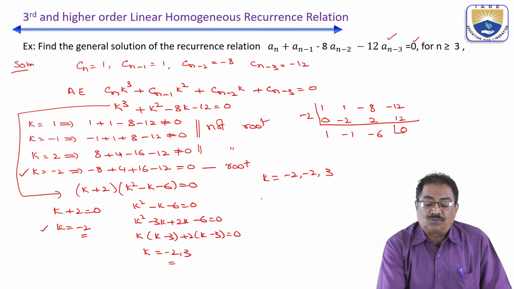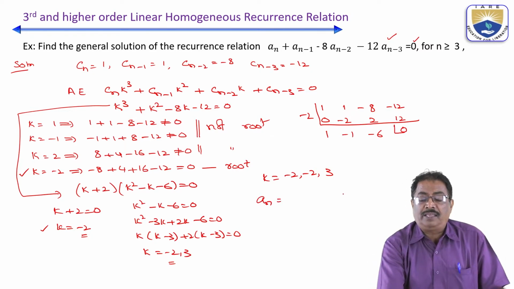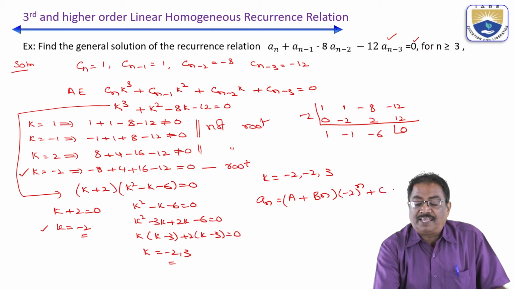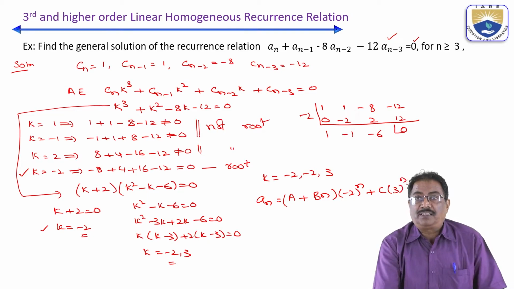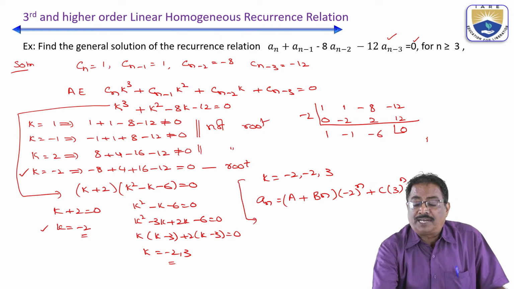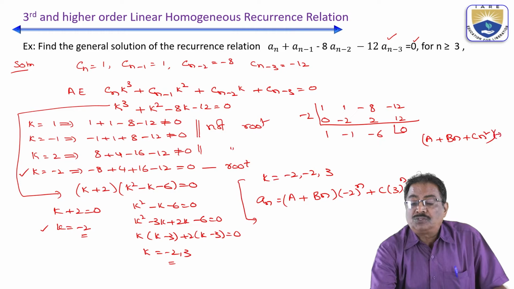So for that, what is the solution? The general solution: there are 3 roots, and minus 2 is repeated twice. So it is (a plus bn) into minus 2 to the power of n, plus c into 3 to the power of n. Suppose minus 2 is repeated 3 times, then I would write it as (a plus bn plus cn squared) into minus 2 to the power of n.